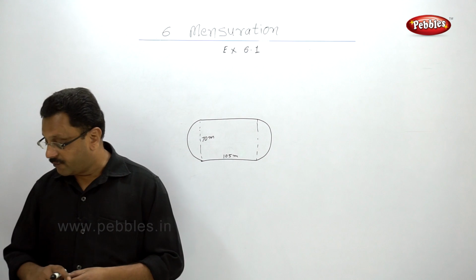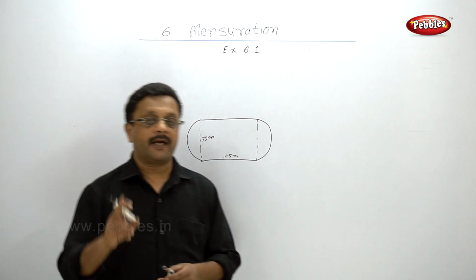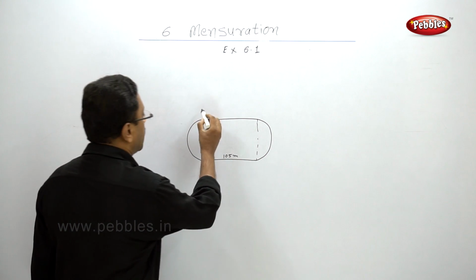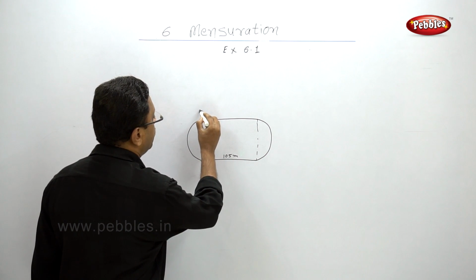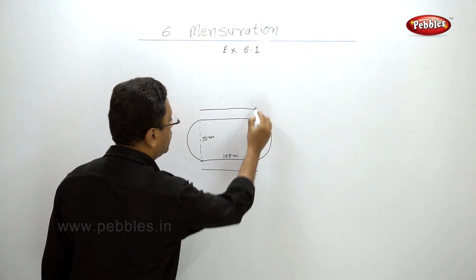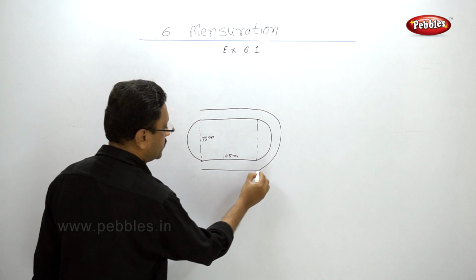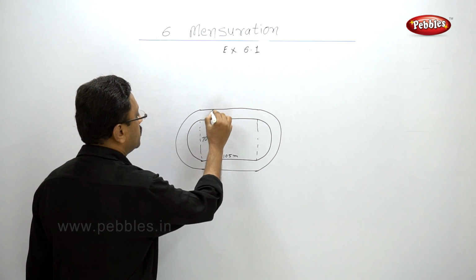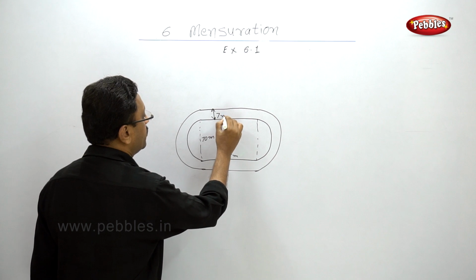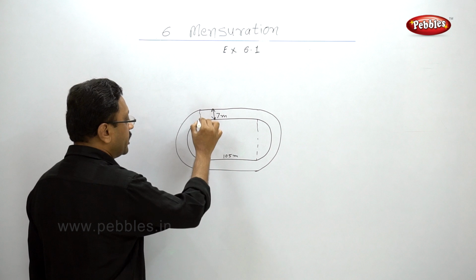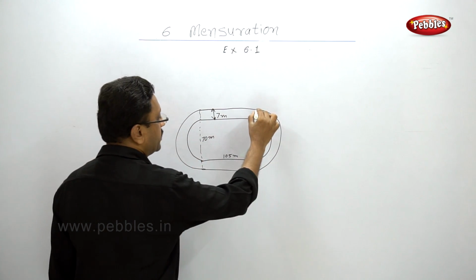If the track is 7 meters wide, width of the track is 7 meters wide, that means exactly similar figure will be there at this end, and this distance is 7 meters. So this line I can extend these lines.